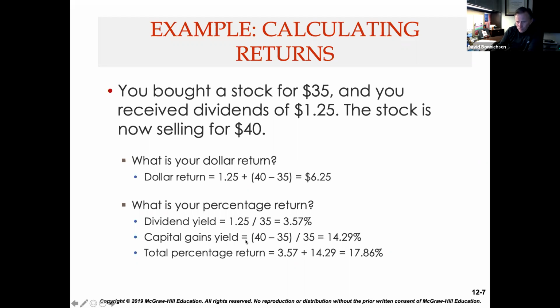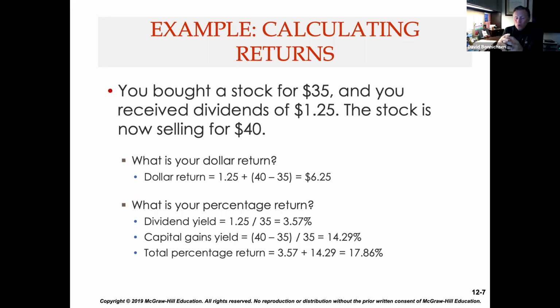Our capital gains yield deals with the buying and selling of the actual stock itself. So we bought it at 35 and we sold it for 40. So it's what we sold it at, 40, minus what we bought it for, divided by what we bought it for. So we've got a 14.29% gain on the stock itself, plus a 3.57% return on the dividends that we received.